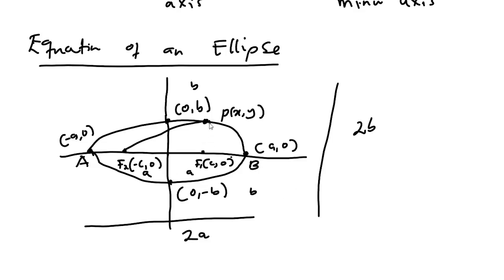Alright, so from the definition of this ellipse, we said that an ellipse is a set of all points, the sum of whose distances from two fixed points is a constant. So let's see.